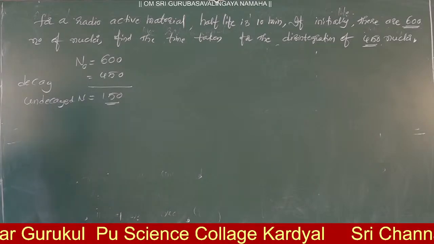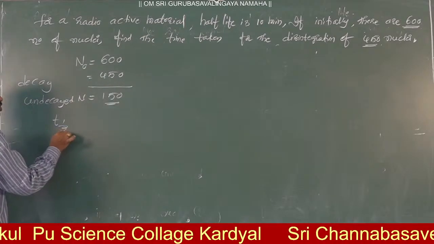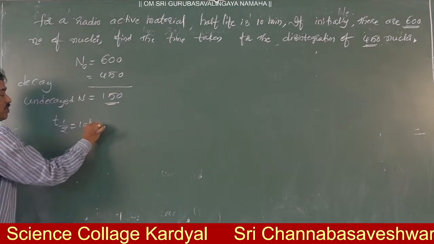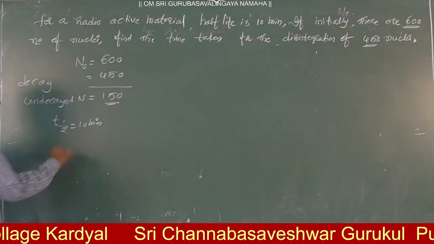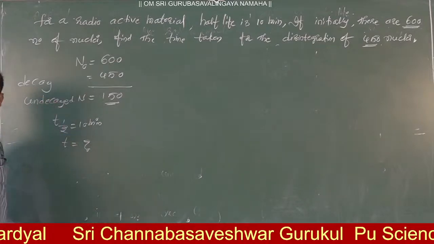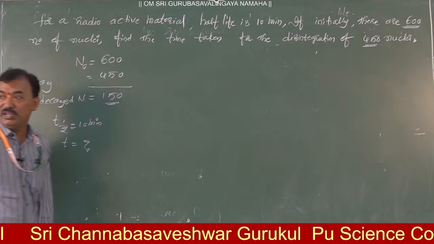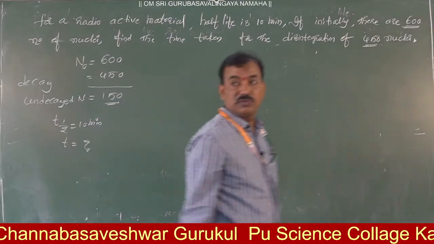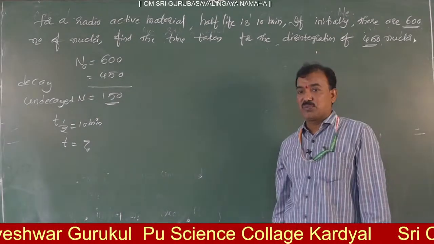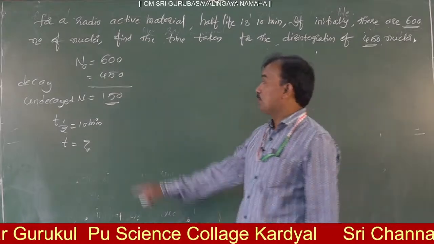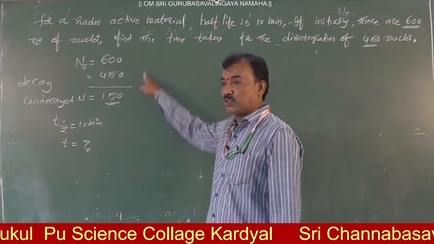So now, the half-life T half is equal to 10 minutes. So what is the time T equal to? To do the sum, what is the equation? I am giving one small technique from the objective point of view also.